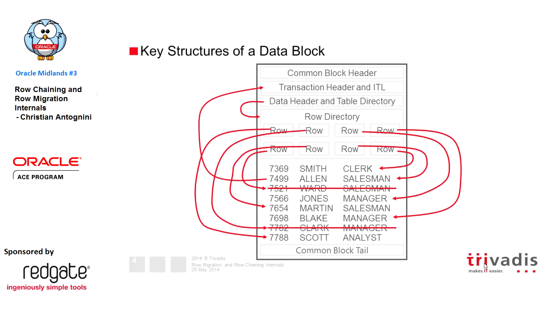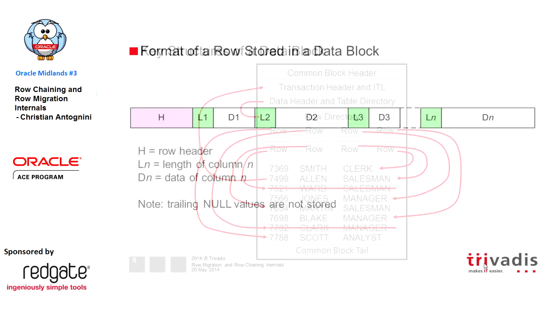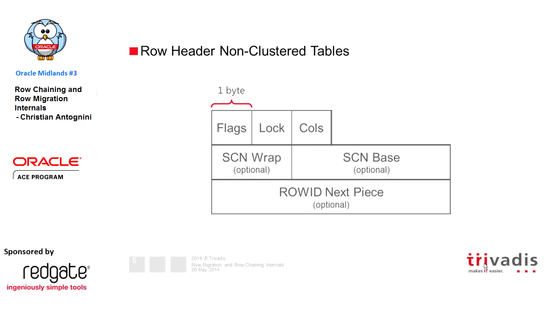Since we are inside one block, 1 byte is enough to reference any position inside the block. And then here, 1 byte to specify the number of columns of the row. There is an important limitation.